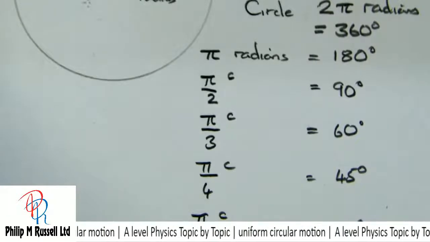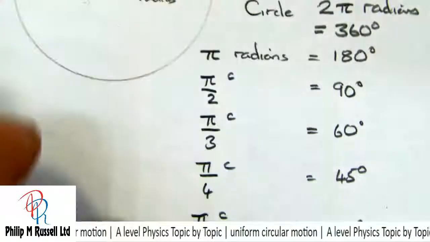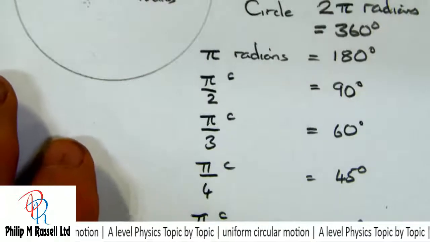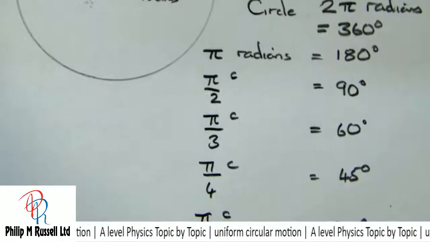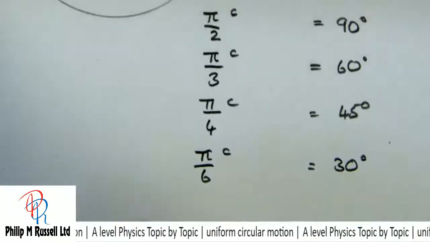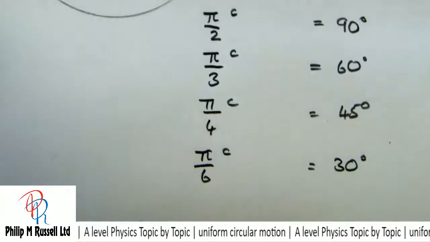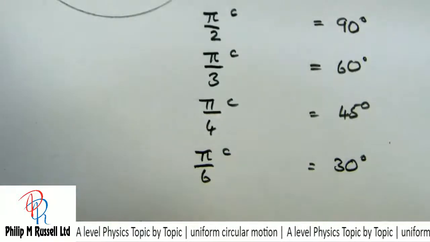So we've got some idea about what radians are, so that we can work out all types of bits and pieces.